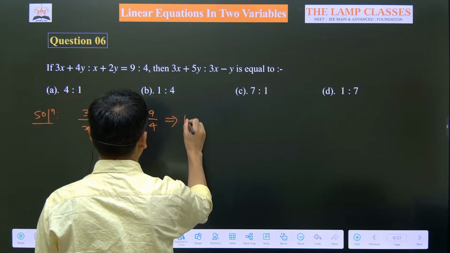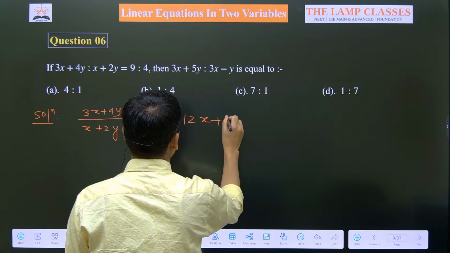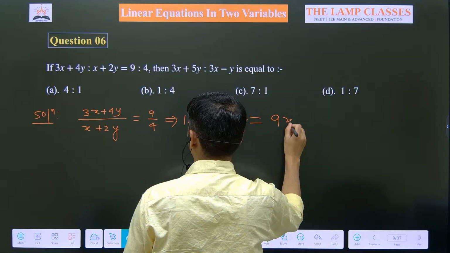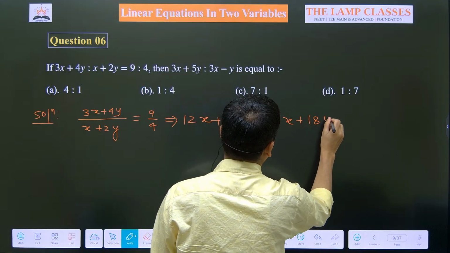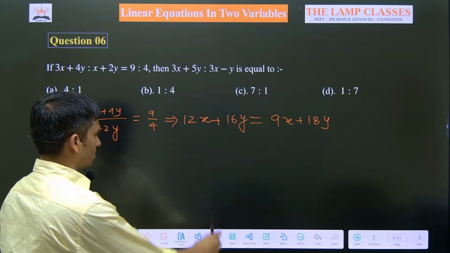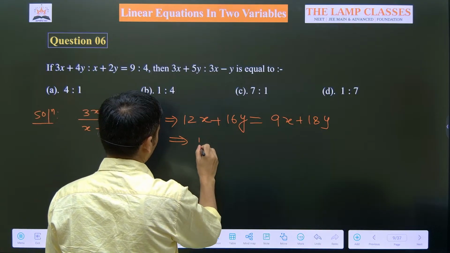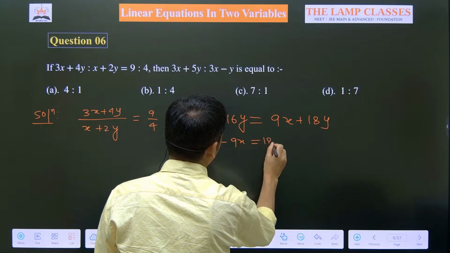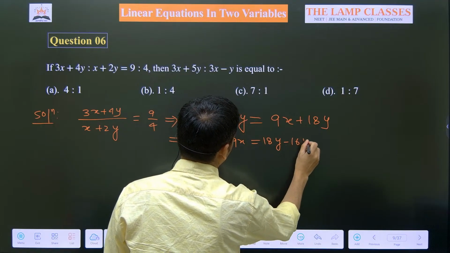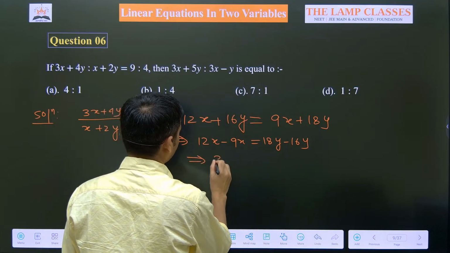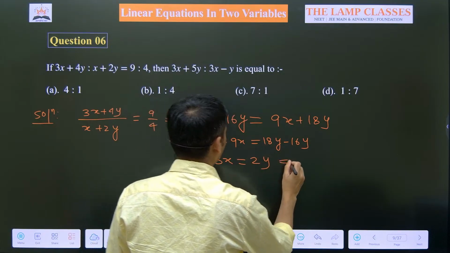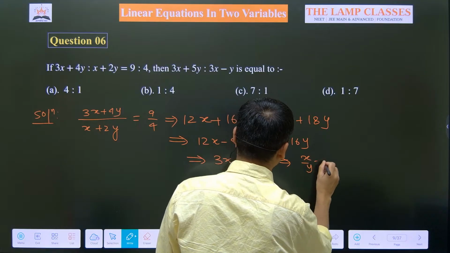So it will become 12x plus 16y is equal to 9x plus 18y. Send x to one side and y to the other side. So we are getting 12x minus 9x is equal to 18y minus 16y. We are getting 3x is equal to 2y, which is actually x upon y is equal to 2 upon 3.